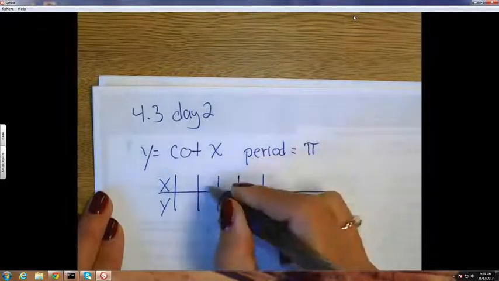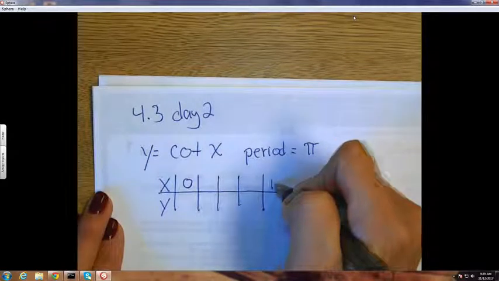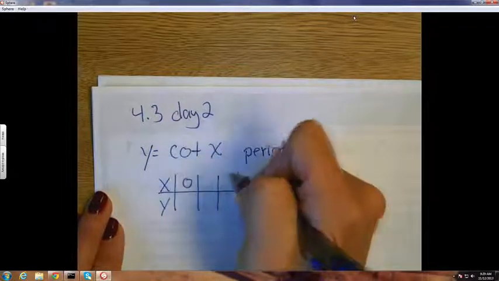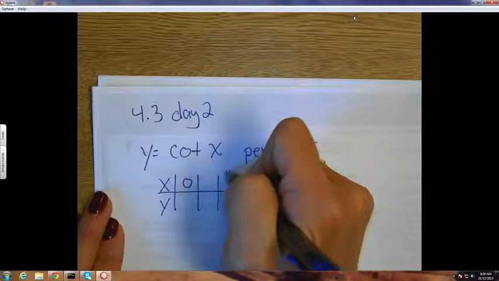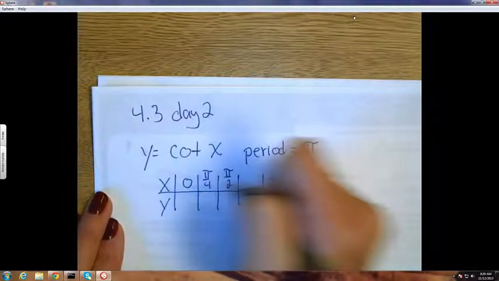One, 2, 3, 4, 5. So it's going from 0 to pi. So that's our first change. So that period length is pi. And you just average to get the middle. So the critical values in the middle are going to be at pi over 4, pi over 2, and 3 pi over 4.